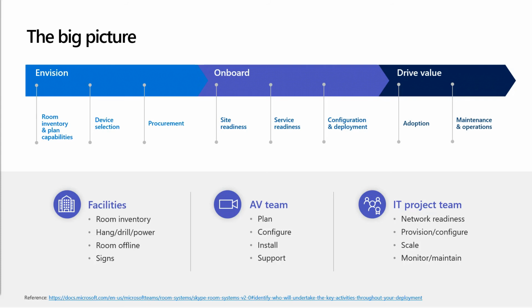The AV team can be used to plan, configure, install, and support the actual Teams Rooms. And the overall IT project team will help with network readiness, provisioning and configuring of resource accounts, and monitoring, maintaining, and operating the Teams Rooms environment. You may also have system integrators that assist with some or all of these roles.